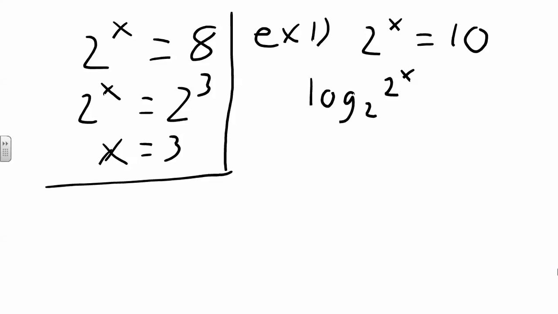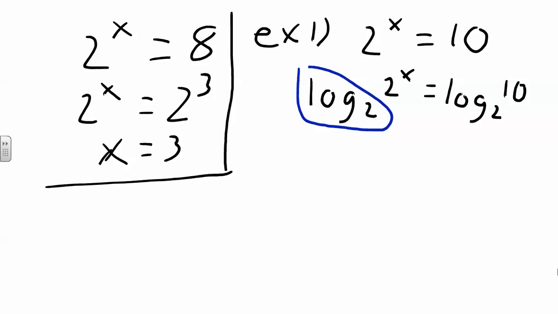So log base 2 of 2 to the x equals, whatever I do to one side I have to do to the other, log base 2 of 10. Now the idea is that log base 2 and 2 as a base of an exponential are actually inverse functions. They, in essence, cancel each other out.